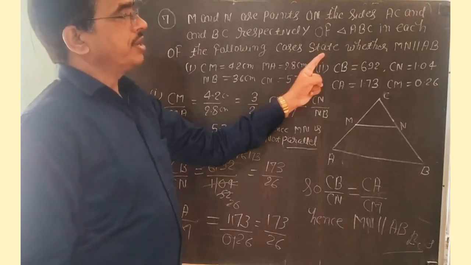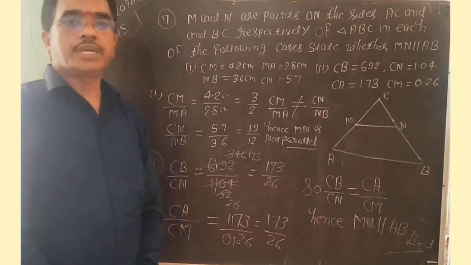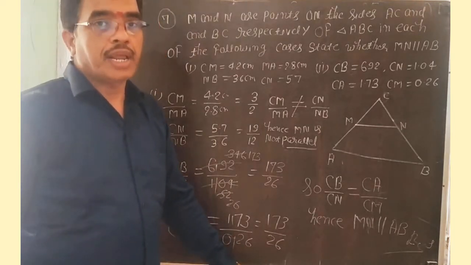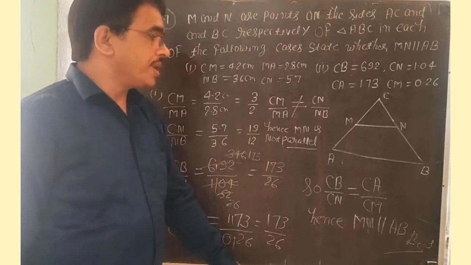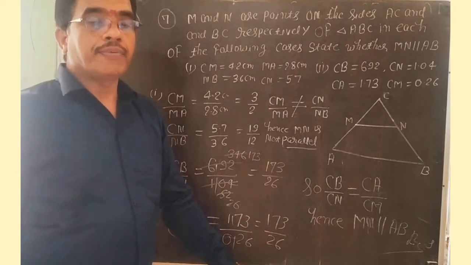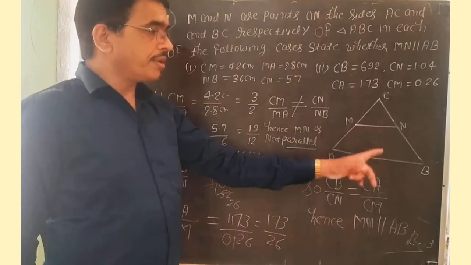State whether MN is parallel to AB. That means, dear student, you have to find the relations between the parts of the triangle, that is CN, MA, CN, NB, CM, MA, etc. And if they are equal, then you can write by the converse of Thales or converse of basic proportionality that these lines are parallel.